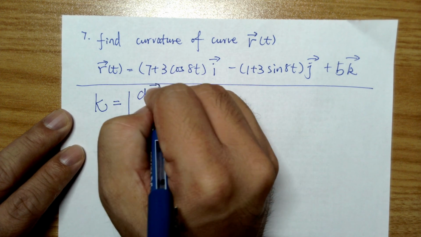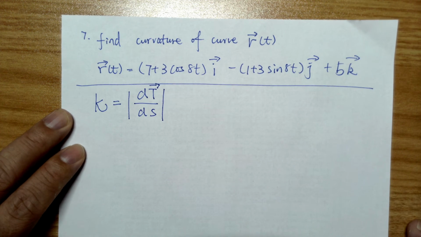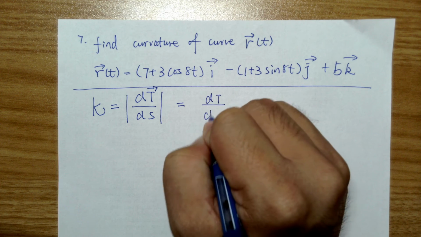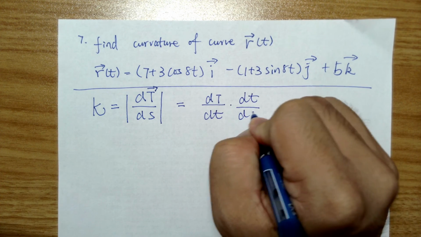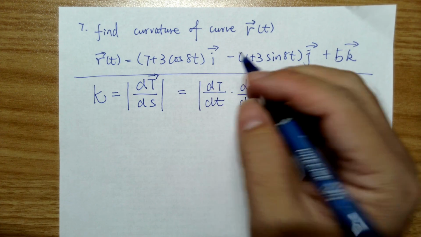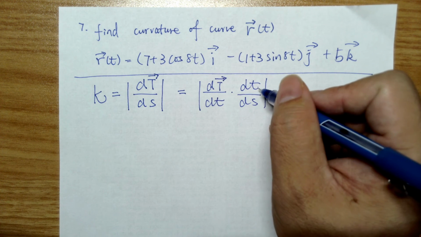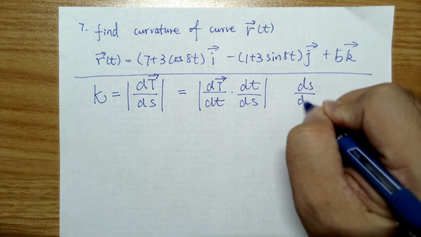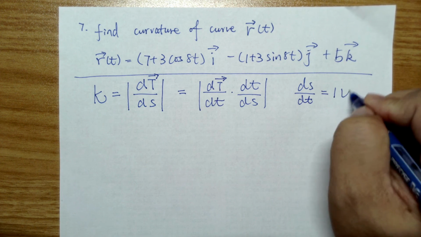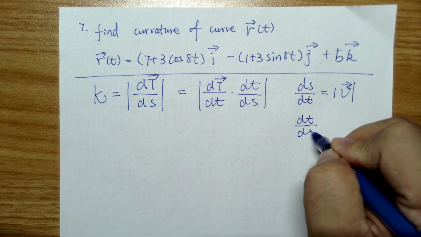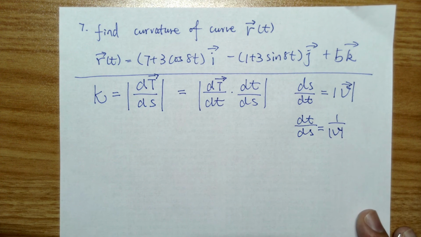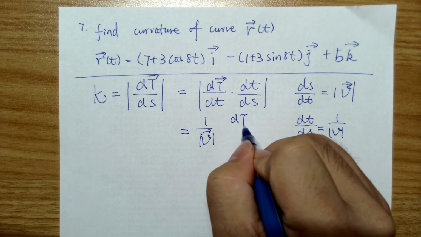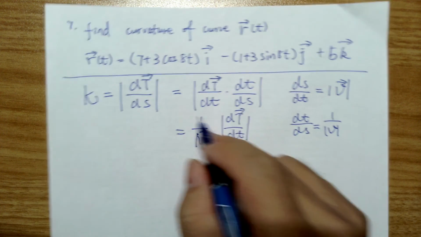It is the magnitude of dT/ds, and we can use a little bit of chain rule, so that will give us dT/dt times dt/ds. Since ds/dt equals the magnitude, dt/ds equals 1 over the magnitude. To simplify the curvature expression, that's what we're going to use.